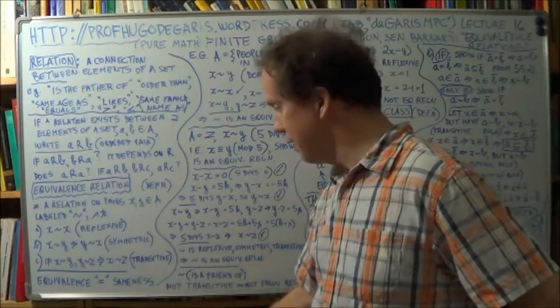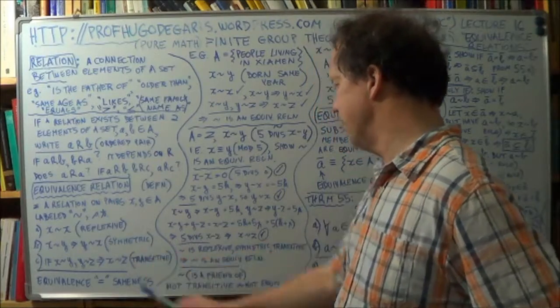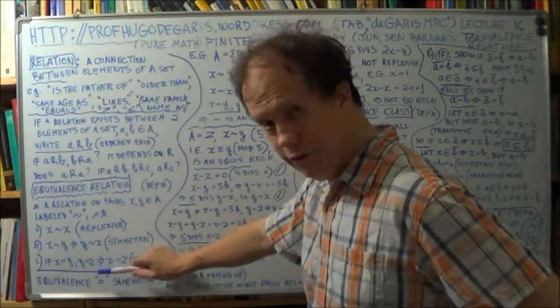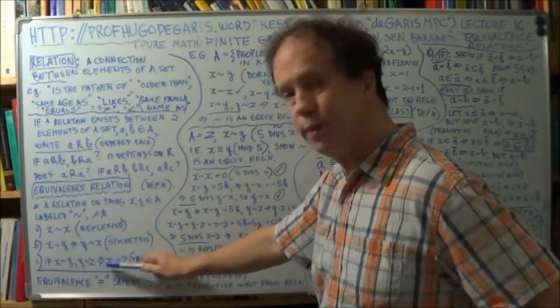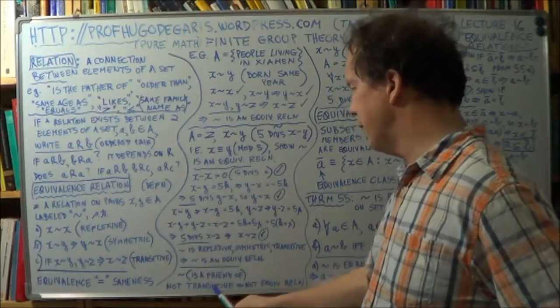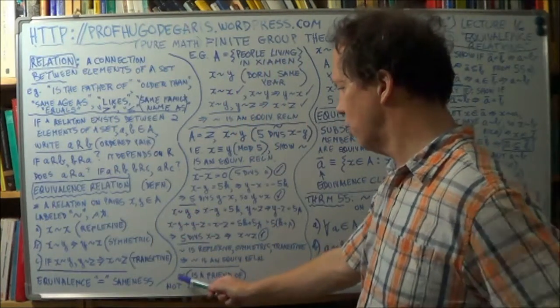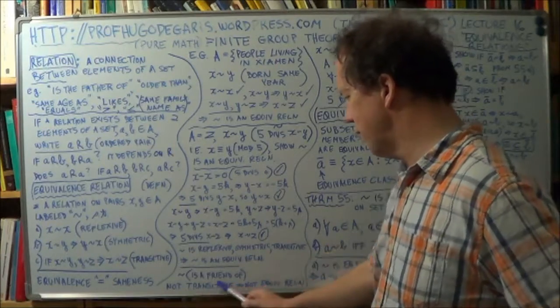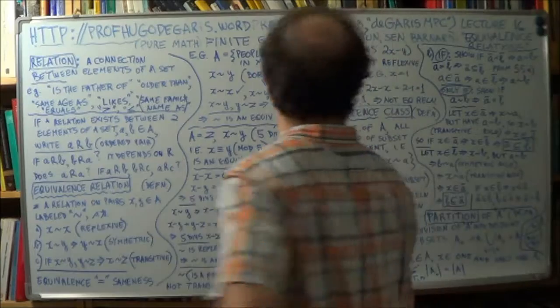Just common sense. So your transitive property fails. Now, if just one of these three fails, the whole thing fails. You have to have all three properties satisfied. So this relation is not an equivalence relation. It's not transitive, therefore it's not an equivalence relation.